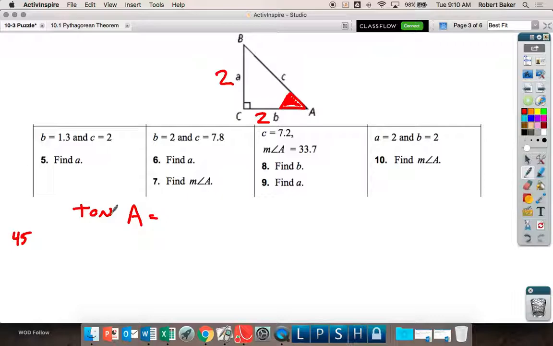So I have to use tangent. Tangent is opposite over adjacent. Right? Now if I'm trying to solve for an angle measure, I have to use the inverse of tangent. A is equal to tangent inverse of 2 divided by 2.